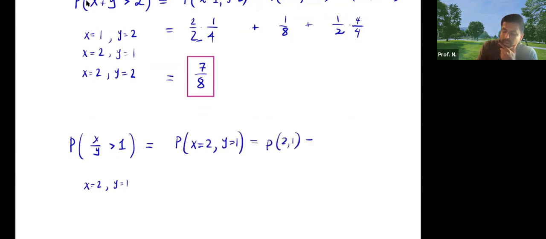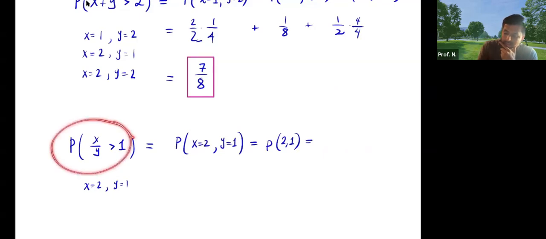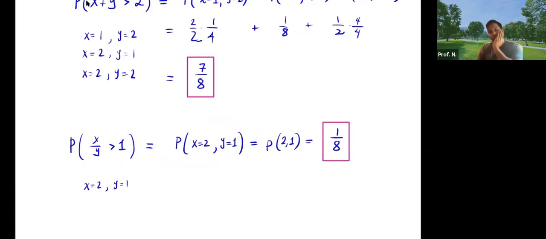You see, there's so many. I think this is the reason why probability can be a little bit confusing, because there's so many different ways to express the same thing. What I'm saying is this is the same as this, which is the same as this. So p2 1 was what? 1/8, and that's it. There's not much else to this.